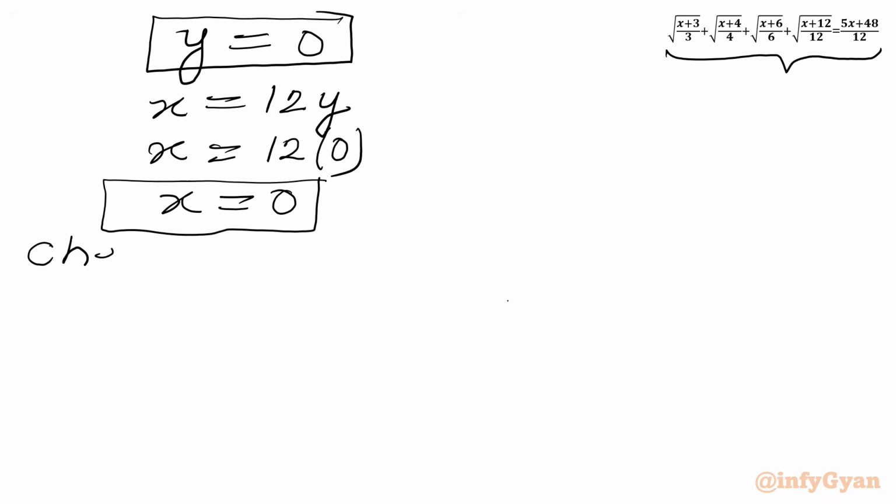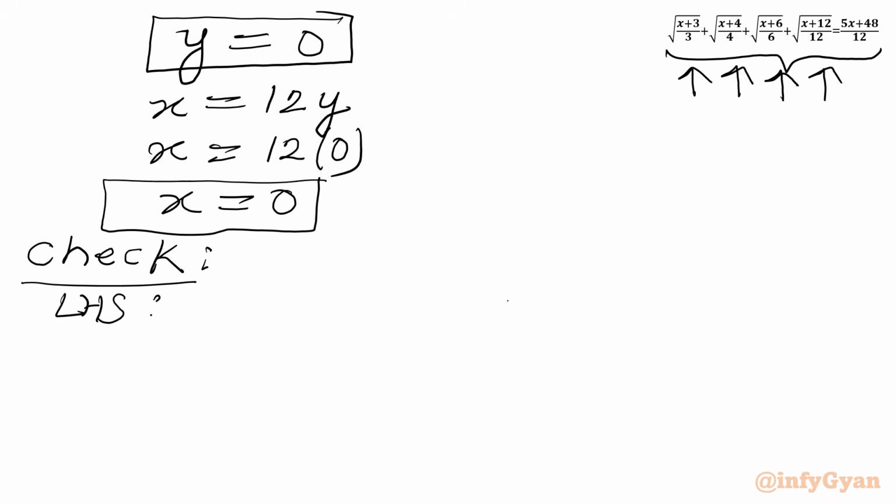Now we are going to cross-examine our solution x equal to 0. Let's put x equal to 0 in the left hand side. We will get LHS: the square root of 0 plus 3 over 3, which is 1, plus the square root of 0 plus 4 over 4, which is 1, plus the square root of 0 plus 6 over 6, which is 1, plus the square root of 0 plus 12 over 12, which is 1.